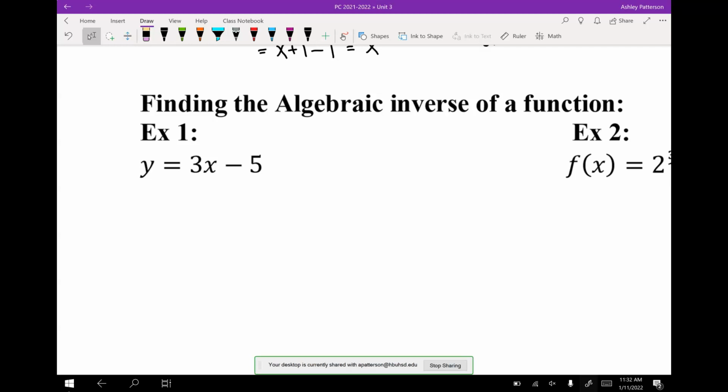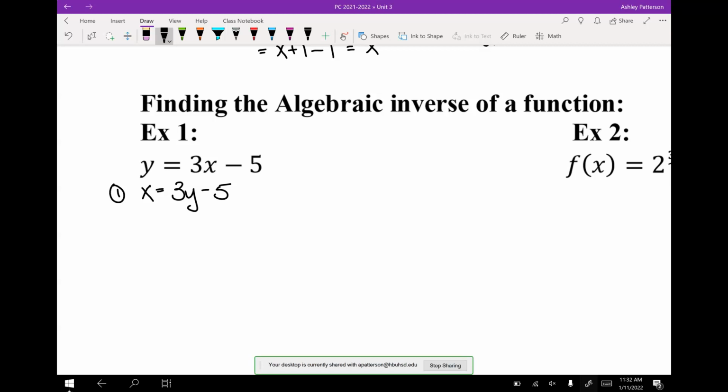That's the first step that we're going to take in finding our algebraic inverse. We're just going to switch the x and the y's. But, oh, that looks weird. And truthfully, functions have an output, and the output is y. The input is x.